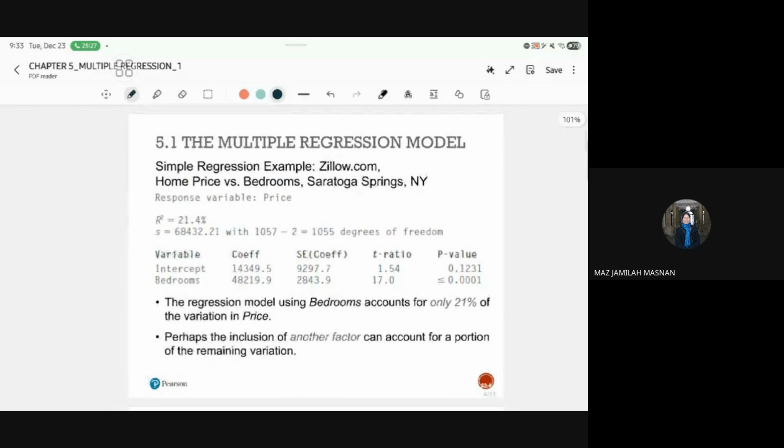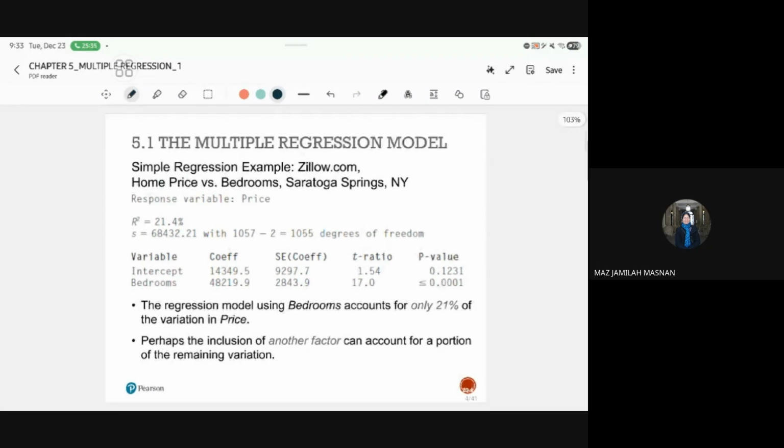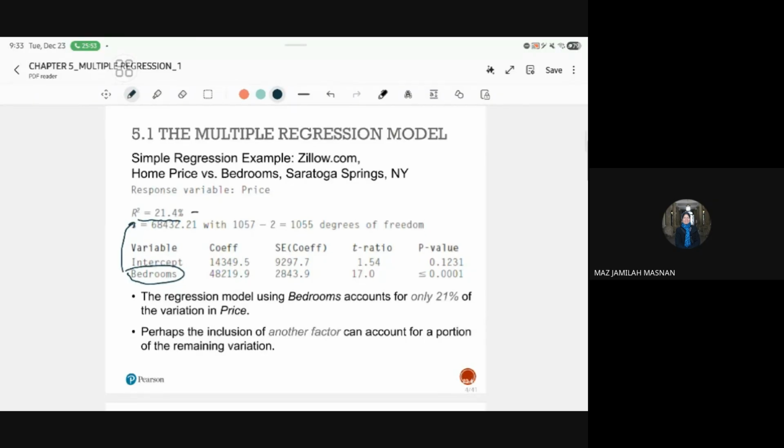Now, for simple linear regression, in this case home price versus bedroom, you can see that the R squared is 21.4%. It means that the number of bedrooms can only explain 21.4% of the variation of the home price. So this is your coefficient of determination.